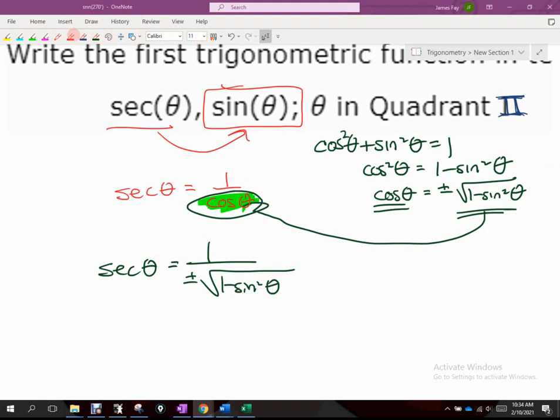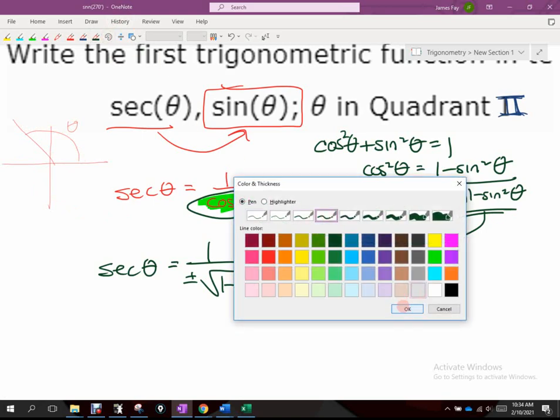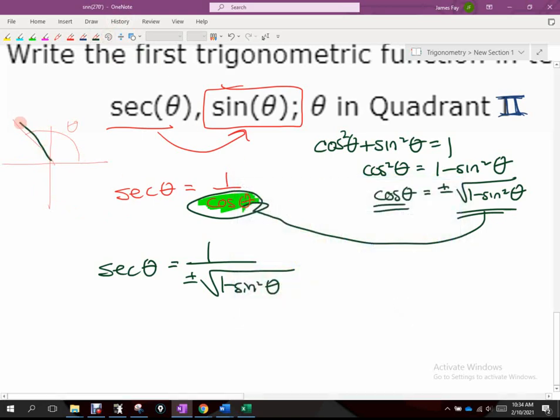Okay? But right now, what I want to think about is, if theta ends in quadrant 2 like this, is the secant positive or negative in quadrant 2?